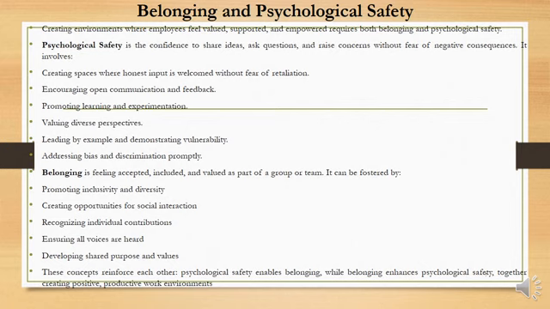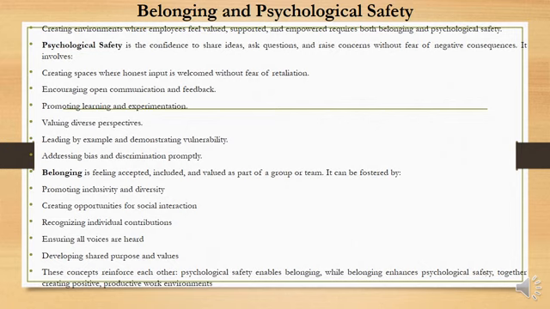While belonging is feeling accepted, included, and valued as part of a group or a team. It can be fostered by promoting inclusivity and diversity, creating opportunities for social interaction, recognizing individual contributions, ensuring all voices are heard, developing shared purpose and values.